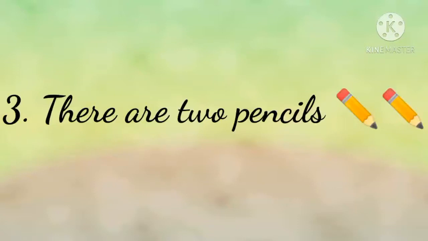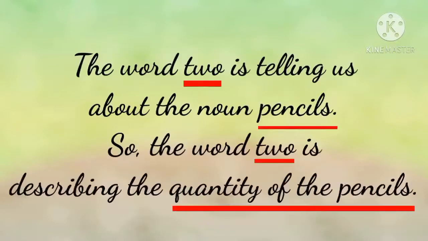Next, the third one. There are two pencils. Now, the word two is telling us about the noun pencils. Okay, children, the word two is describing the quantity of the pencil.